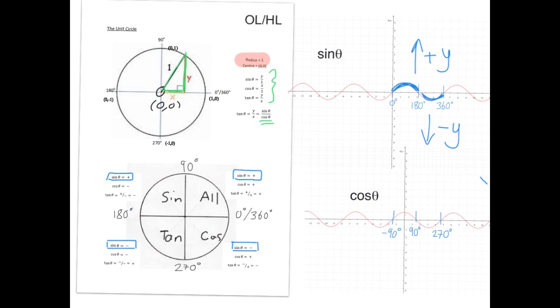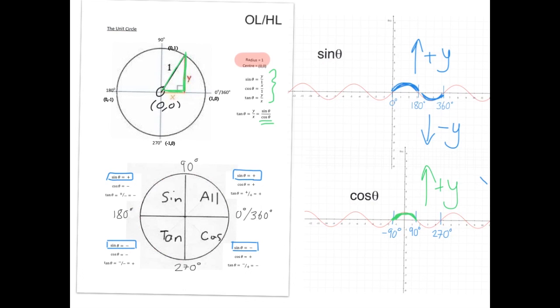Next, if we look at our cosine theta graph down here, we can see similarly that between minus 90 degrees and plus 90 degrees, cosine is positive, so it's at a positive y here.